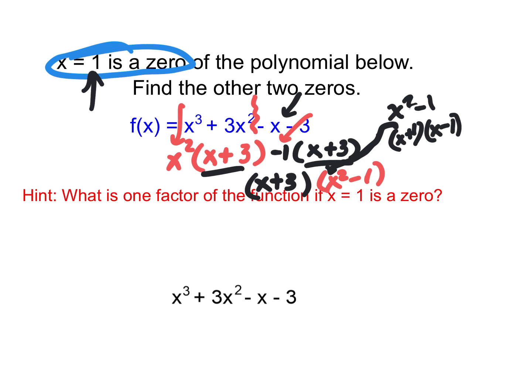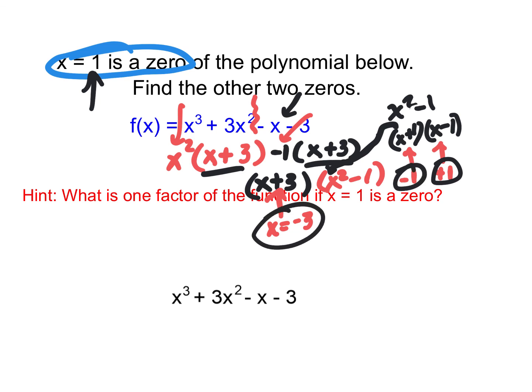There's 2 numbers. 1 and -1 are roots. This is where -1 is, and this is +1. And then this is another answer, and it's x equals -3. So there's my 3 roots. One of them's 1, one of them's -1, and one of them's -3.